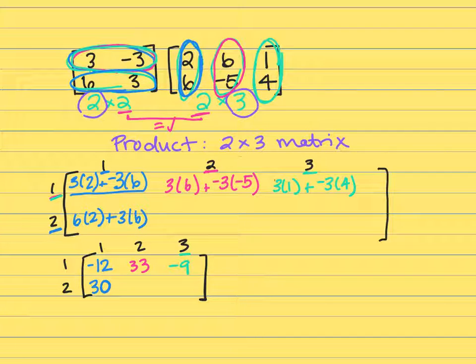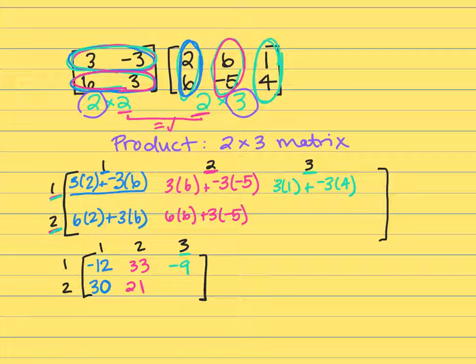Next one, notice row 2 still, but this time column 2. So row 2 times column 2, we get 6 times 6, plus 3 times -5, so 36 minus 15, which gives us 21. Okay, last spot.